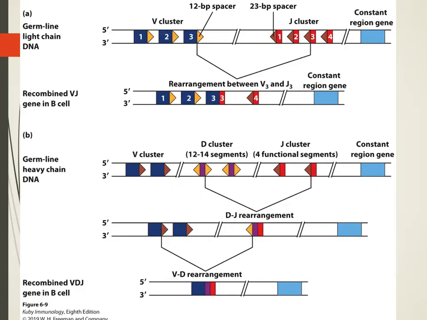So looking at this on one of our genes, we can see how we get these 12 base pair spacers or 23 base pair spacers, and those are our recognition signal sequence. So that tells us, okay, this is where the splice needs to be made.